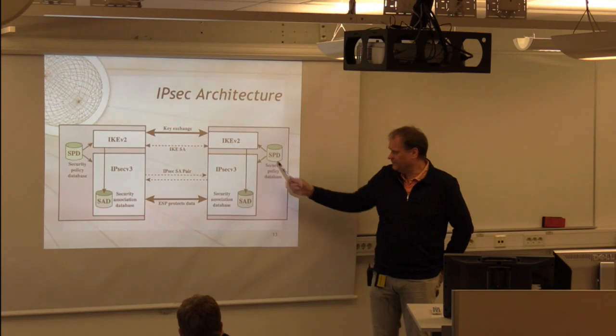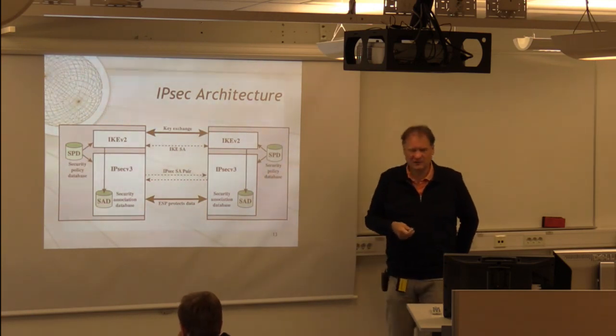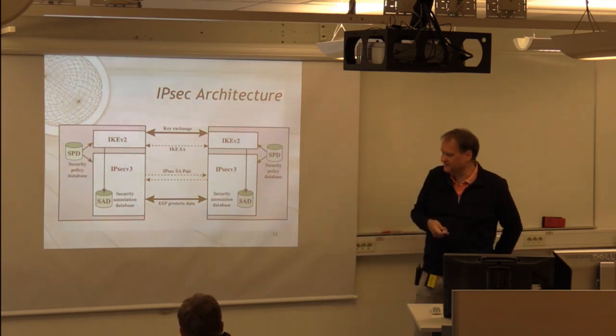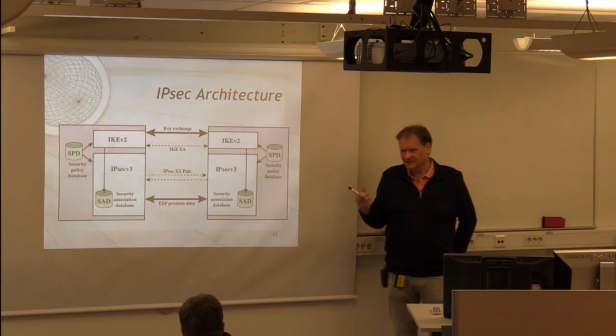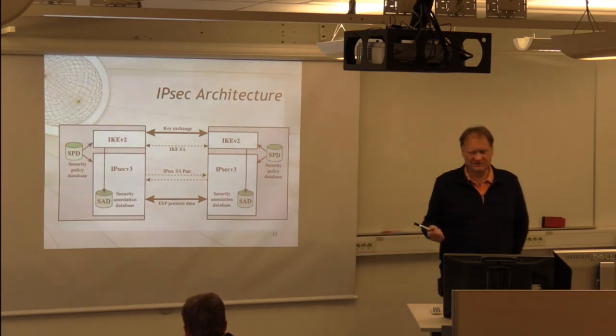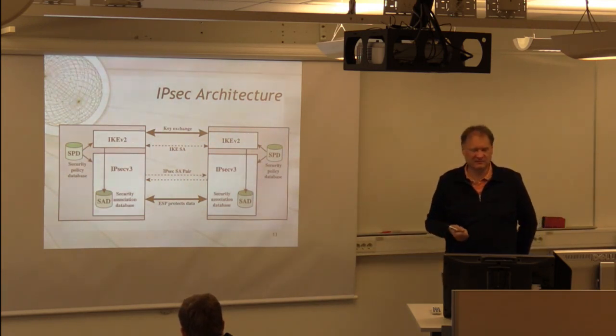We also have a policy database up here, a little bit outside, but it's part of IPsec. It tells us that if a new packet comes in that we don't have a security association for, we need a policy to describe how we should deal with this packet.